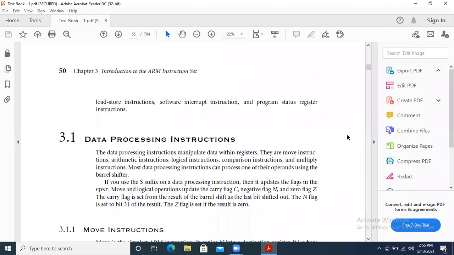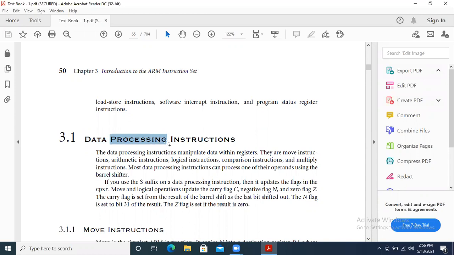The first topic we discuss is data processing instructions here. In this we get again different types of instructions, but these only work for data processing. So already we know what is data. Data is nothing but your input values here. Processing means if you are applying any operation on that, that is called processing.